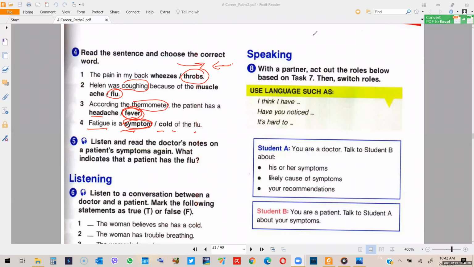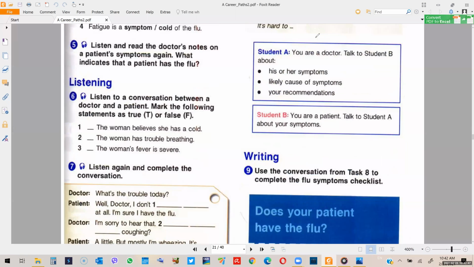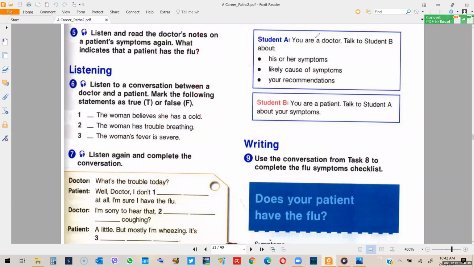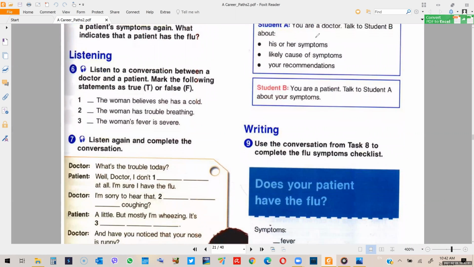Now we are going to listen and answer the questions again, true and false. I want you to listen to the conversation between a doctor and patient. So now we have another conversation, and we answer the questions true or false.